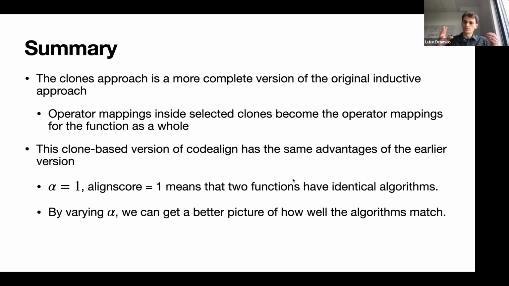There are all sorts of these different aspects of similarity that you may or may not care about depending on the scenario. So what we were trying to motivate is which aspects of similarity you care about.